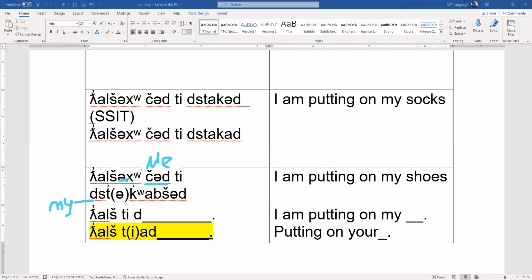And then if we just drop the chud, which is the continuance of the last story, this is put on me this, my shoe, right? It can be an okay sentence, put on this, my shoe.